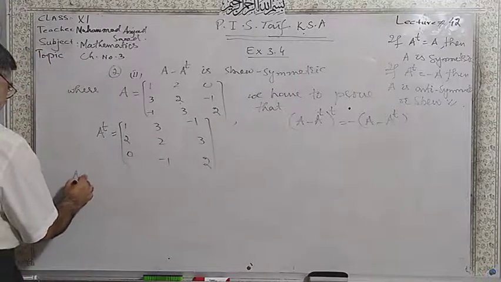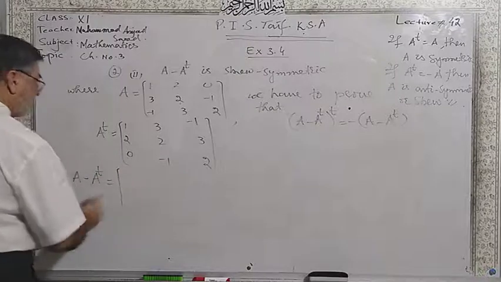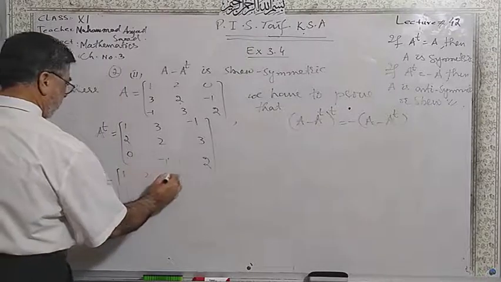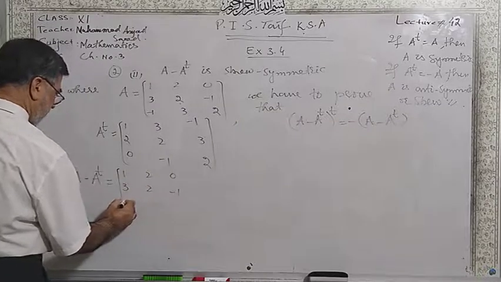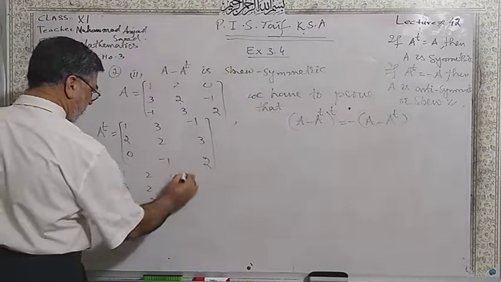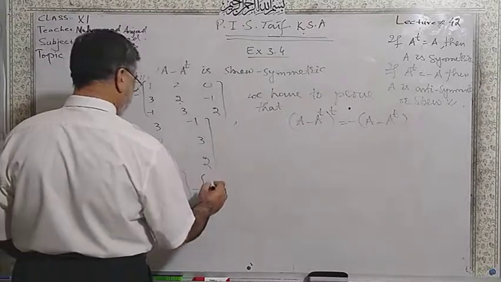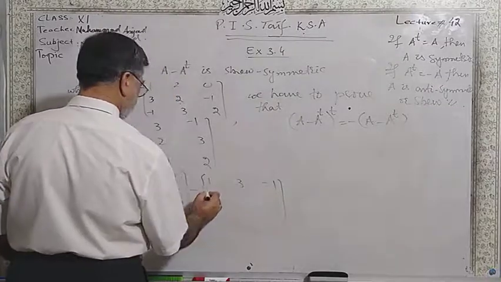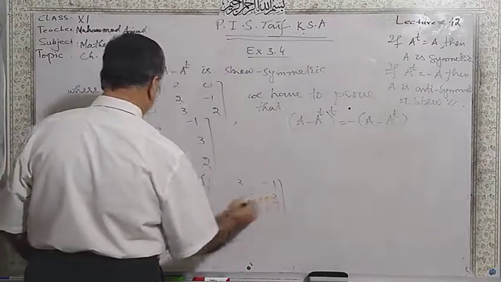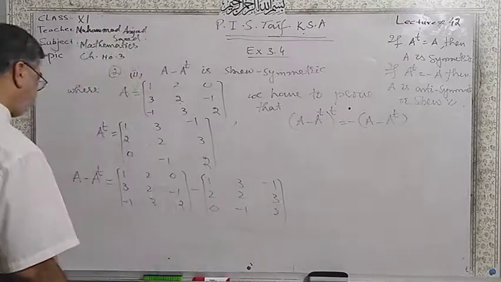After that, A minus A transpose: 1, 2, 0, 3, 2, minus 1, minus 1, 3, 2, minus A transpose, which is 1, 3, minus 1, 2, 2, 3, 0, minus 1, 2.